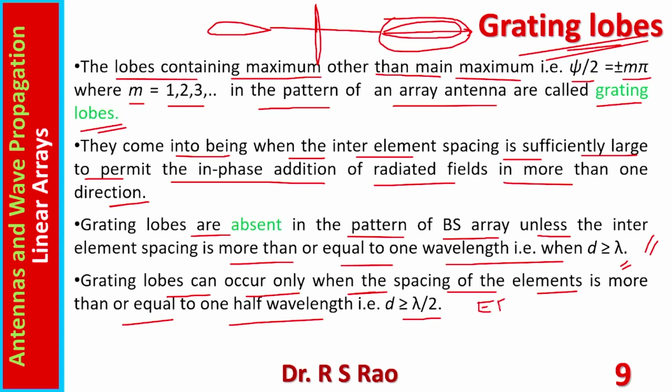So in case of end fire mode of operation, grating lobes can be avoided by seeing that element spacing is less than lambda by 2. In case of broadside, it is less than lambda. In case of end fire, it is less than lambda by 2.